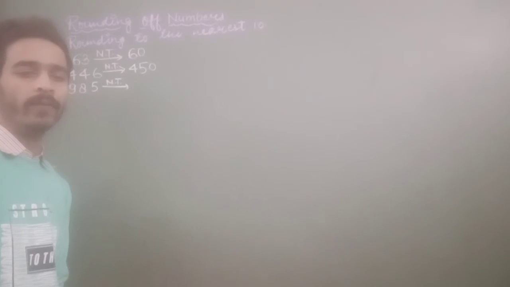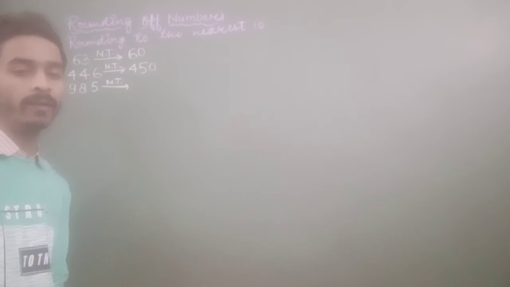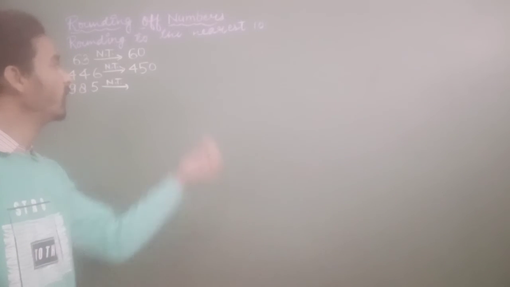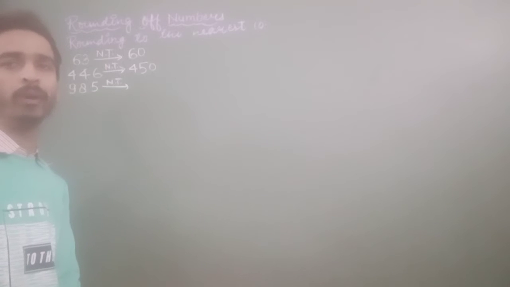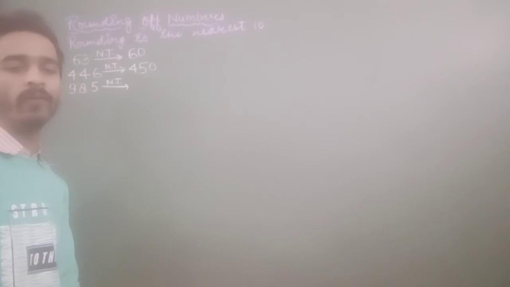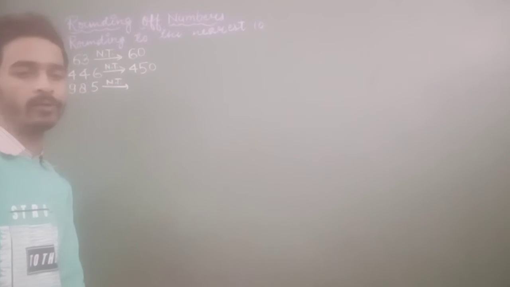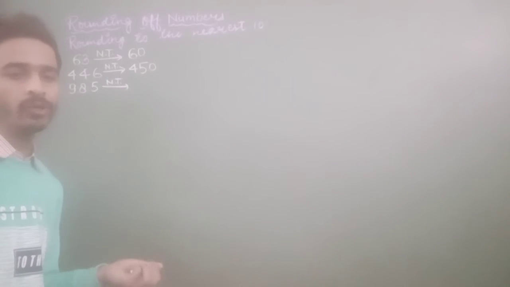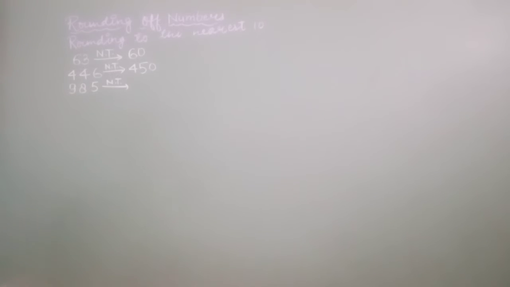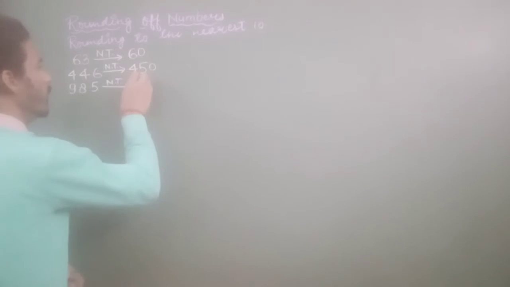So 985 rounded to the nearest 10 is 990, because we know that if a number is exactly between two tens, it is rounded up to the higher 10. So 985 rounded to the nearest 10 is 990.